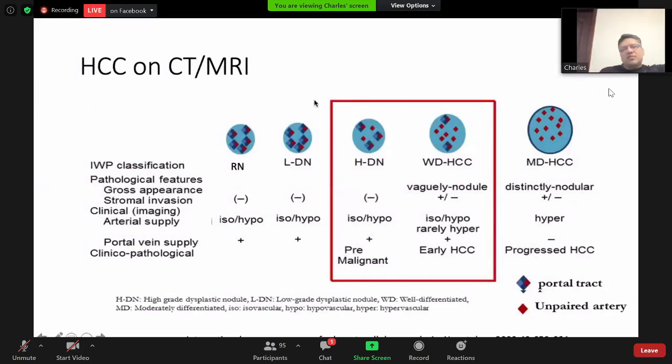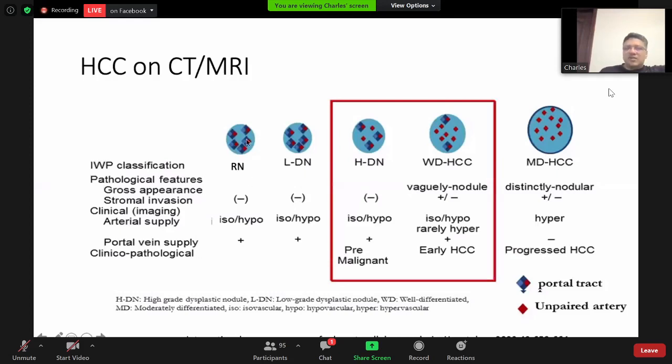When you talk about nodular lesions in an underlying chronic liver disease, it may be a regenerating nodule, a low-grade dysplastic nodule or high-grade dysplastic nodule, a well-differentiated hepatocellular carcinoma or moderately differentiated hepatocellular carcinoma. And how do you differentiate?